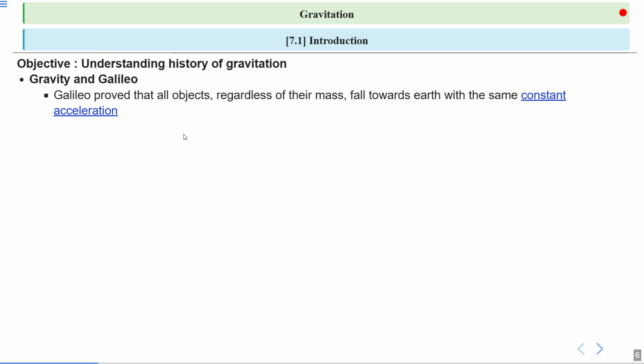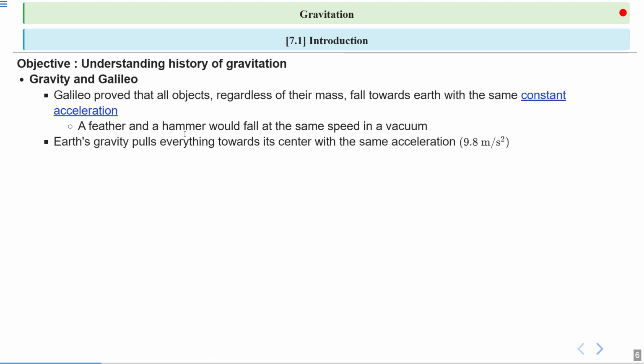A feather and hammer would fall at the same speed in vacuum. The Earth's gravity pulls everything towards its center with the same acceleration, which is why they fall when you drop them.